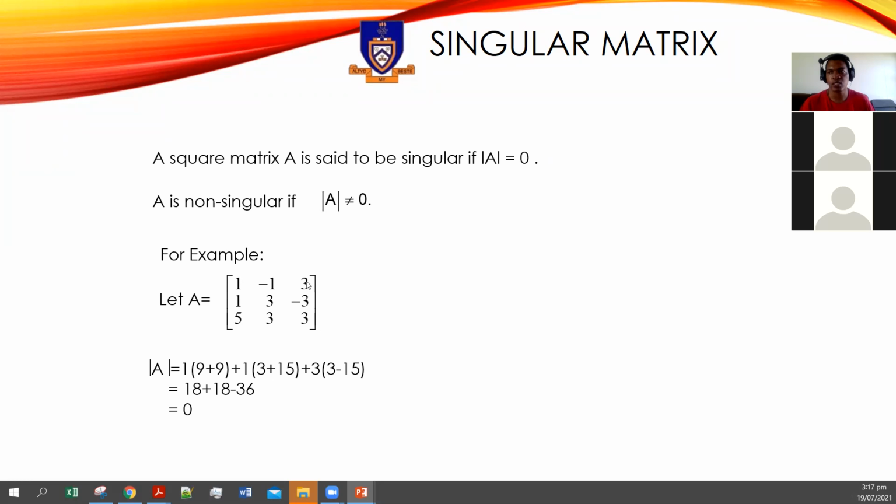If we work it out in this way, then this becomes a singular matrix. Just take note. We are going to look at how these calculations came to be, so that we have an idea of what is going on here as well.